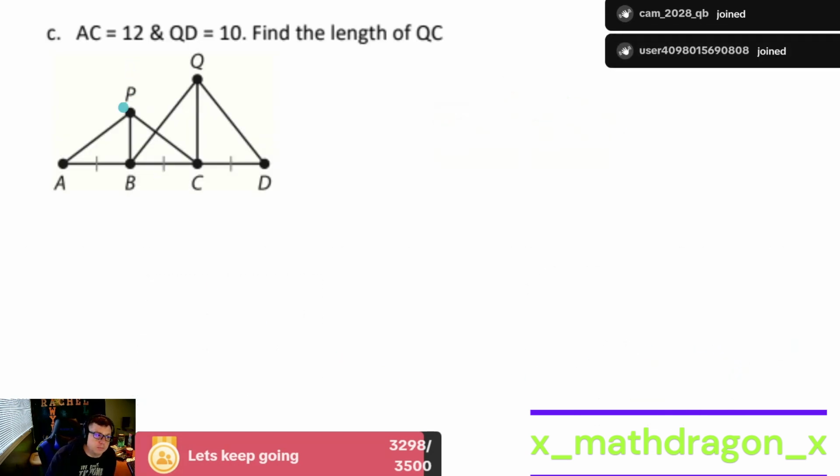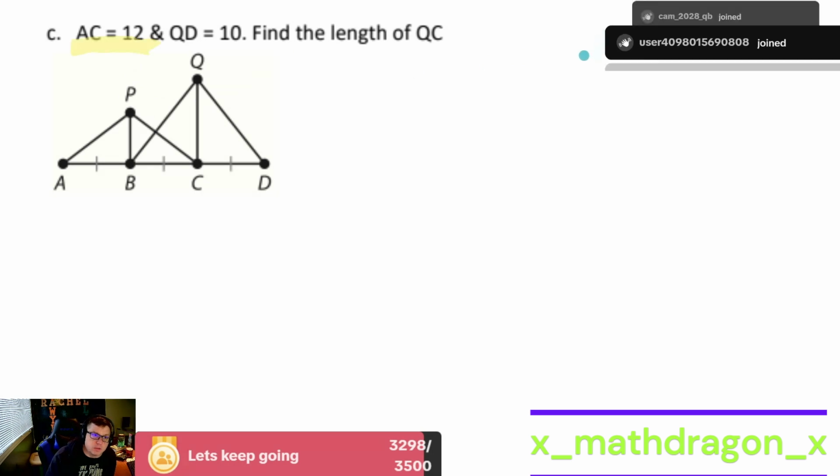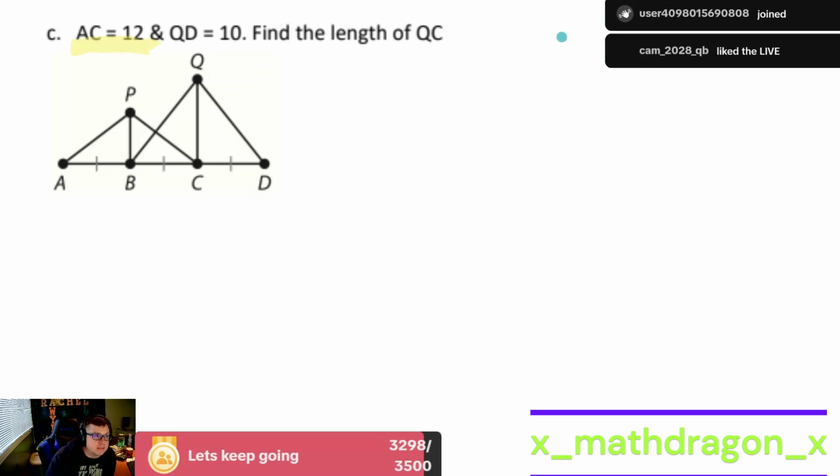So for this one, start with the first piece of information. The first piece, as I read this, says AC equals 12. So what does that mean if AC equals 12? Thanks, Cam. That means from A to C, the measure is 12. Well, what can I do with that?